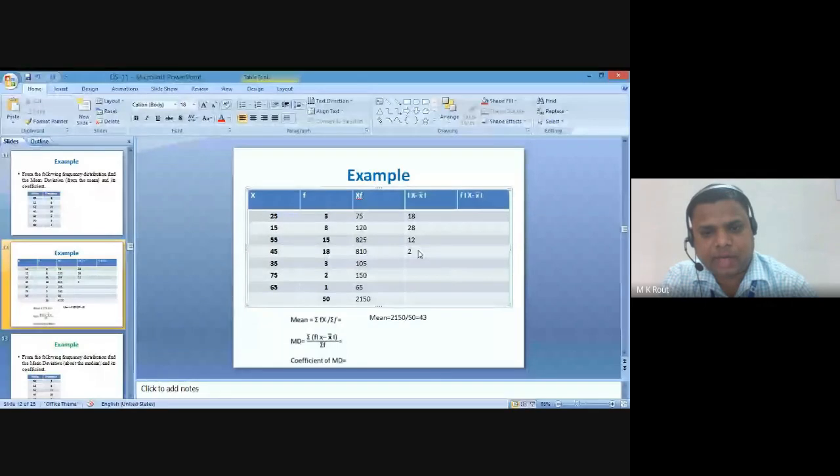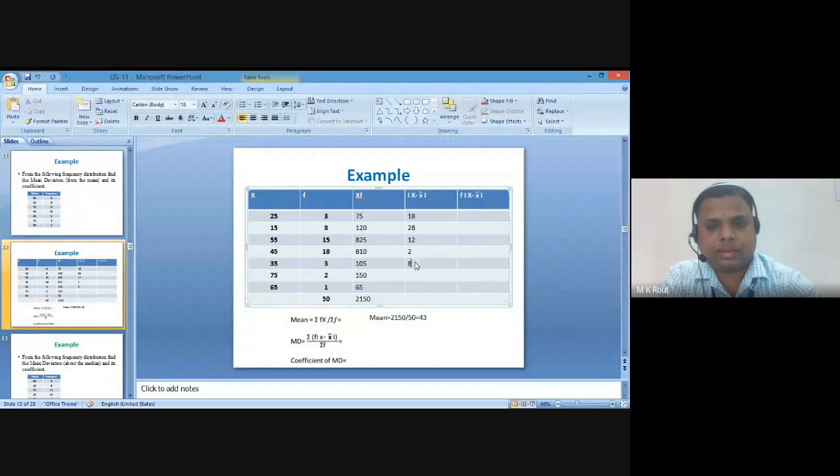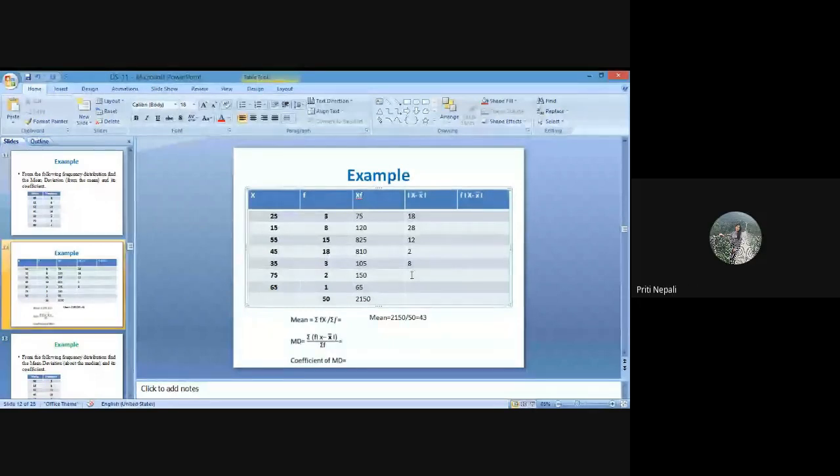Similarly, 35 minus 43. How much? 8. Moving to the next one, 75 minus 43. How much? 32. And the last one, 65 minus 43. How much? 22.